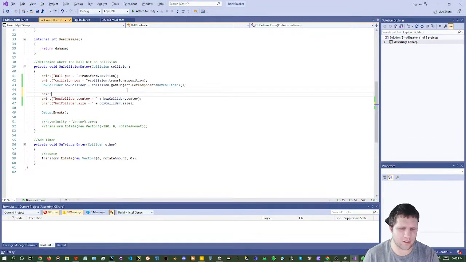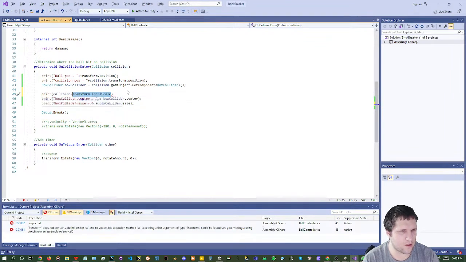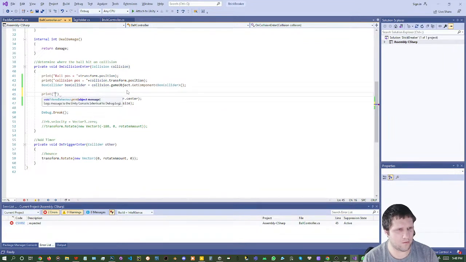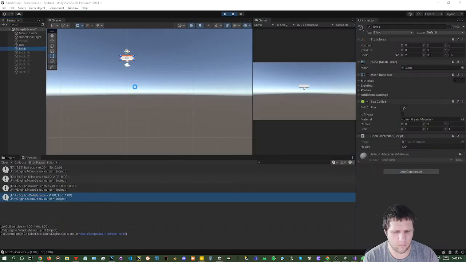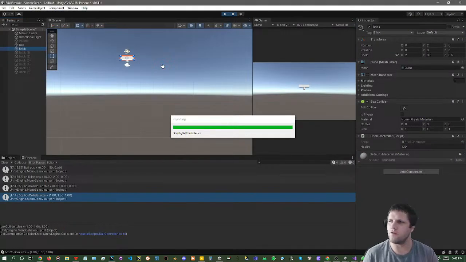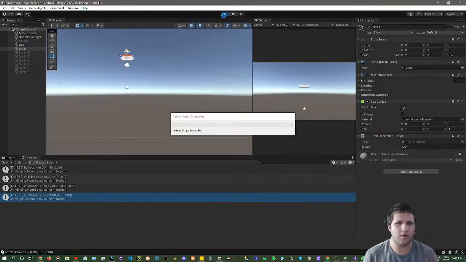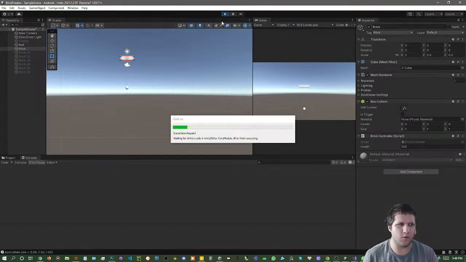So let's say print collision dot transform dot local scale. Okay, let's print this out, and then we will start to create a more mathematical equation that we can copy.